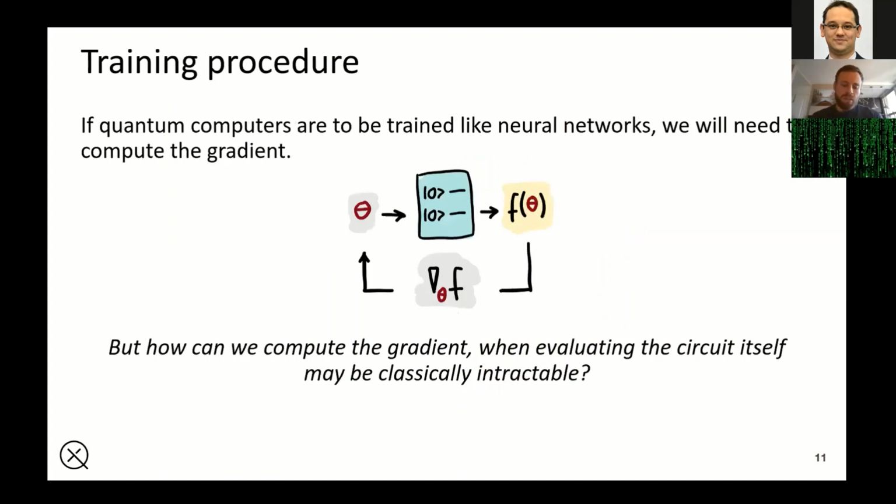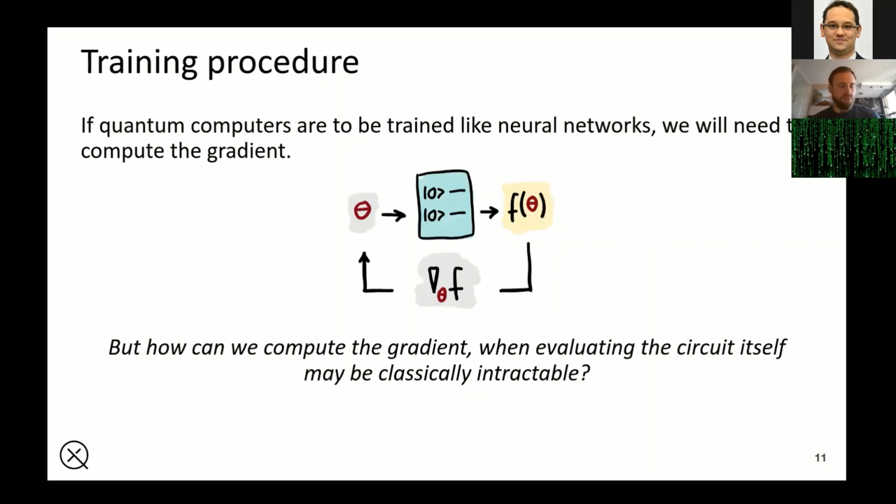Now here is a very key insight that I would like us to look at. We've said that quantum computers could potentially be used for training procedures, and we are also comparing them to classical neural networks and how they could be part of hybrid models. The main promise of quantum computation is that for selected problems, it could surpass classical simulation capabilities.